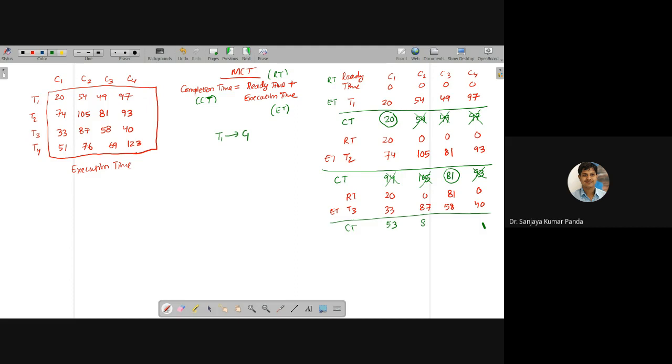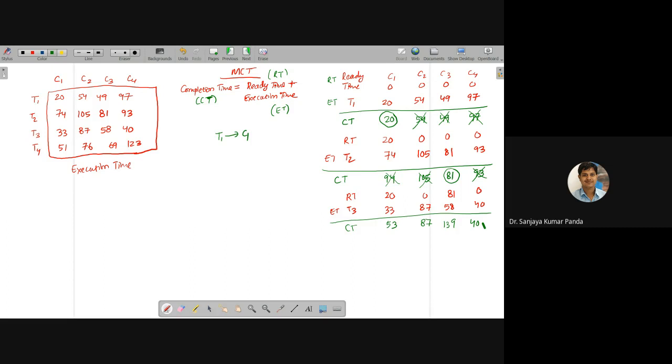Here it is 87. Here it is 58 plus 81 hmm, 13 mistaken; here it is 139. Here it is 40. So we determine the completion time. This is the expected completion time. If something unusual happens, it may delay the process also, but based upon the estimate you have to proceed.